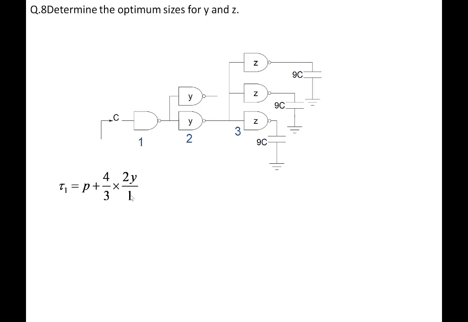Had there been 2 inverters in place of these 2 NAND gates, the capacitance at that node would be different for an AND gate. No, so we are saying size. Everything is multiplied by the capacitance of an inverter of size 1. So everything is specified like that.